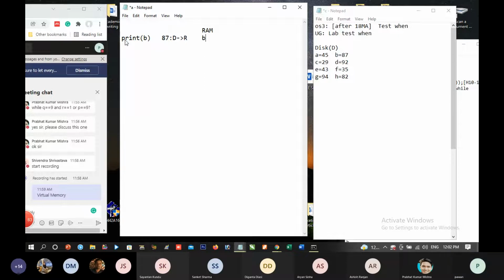Okay. Now we print B. So the value of D, which is 92, will be brought from disk to RAM.